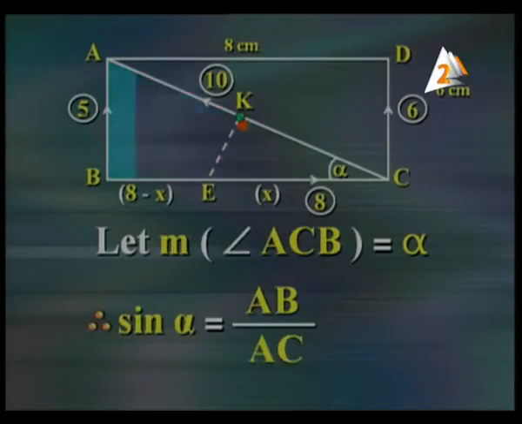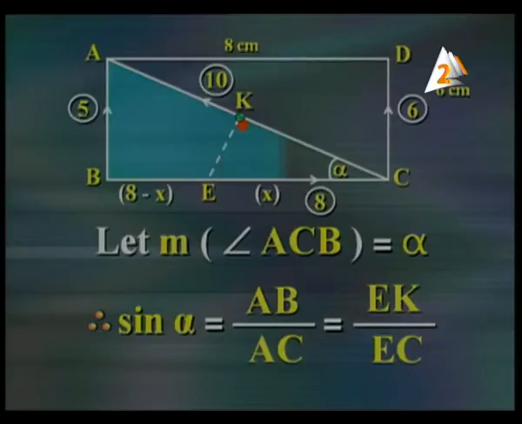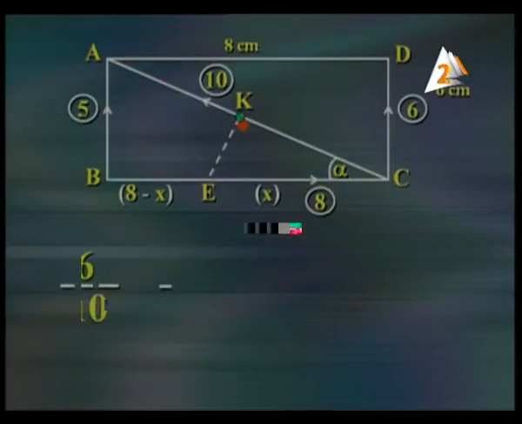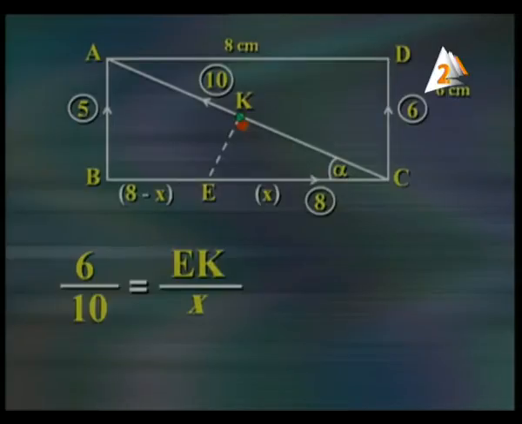Notice we find sine alpha in two triangles and it is the same. So 6 over 10 equals EK over X, or EK equals 3 over 5 X.